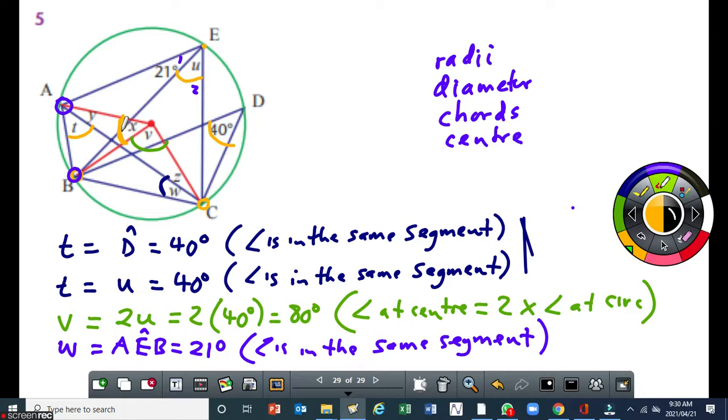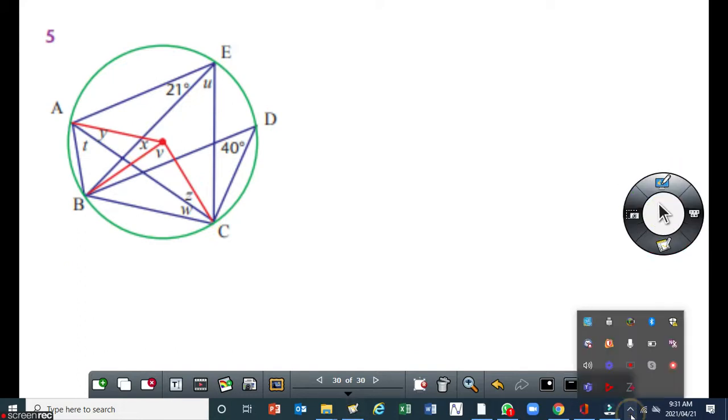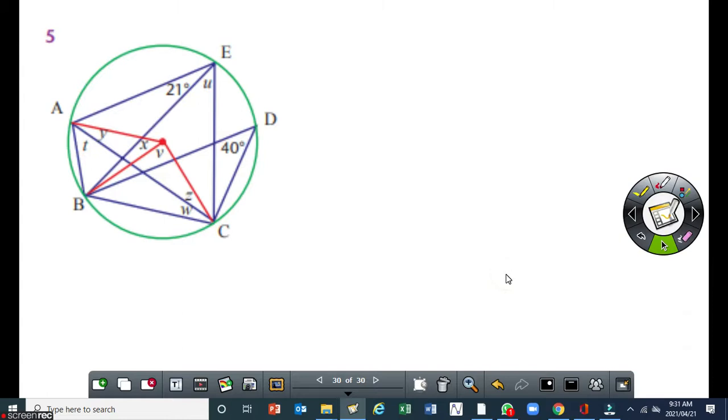Therefore, angle X is 2 times angle AEB. Okay? So allow me to write that on the next page. Let me take this diagram. All right. So what I said was angle X.